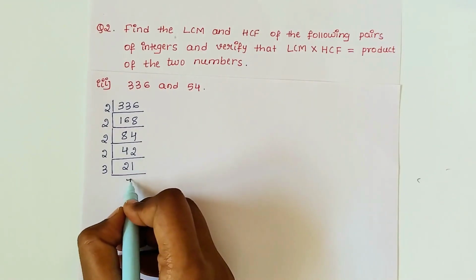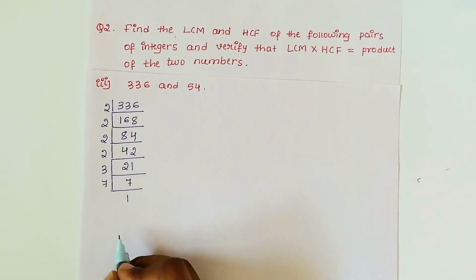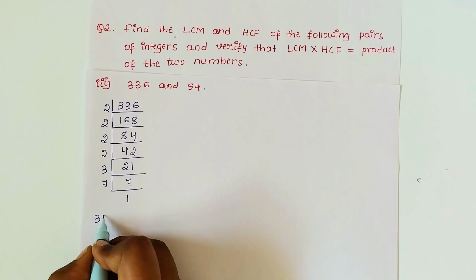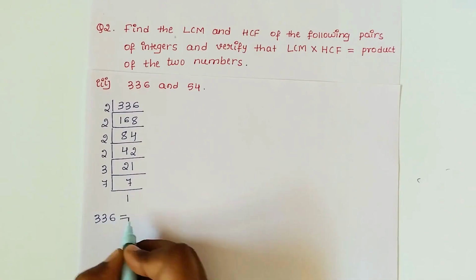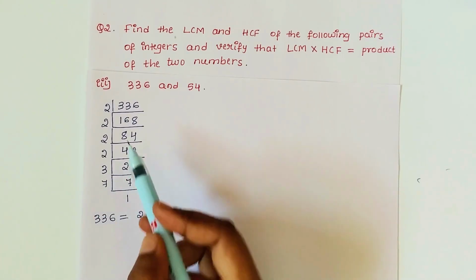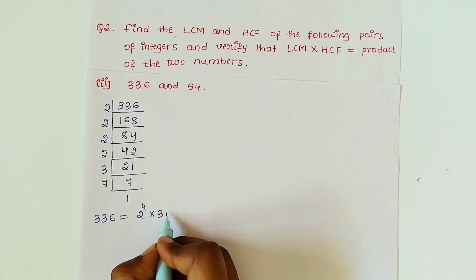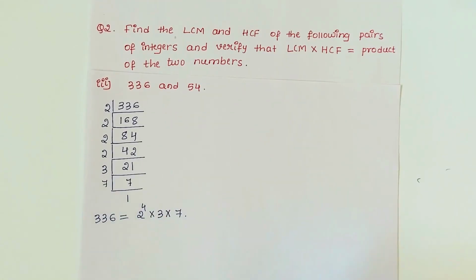Take down 3, and next 7 ones. So write down 336 as a product of all these primes. Here I am writing directly 2 to the power 4 into 3 into 7.